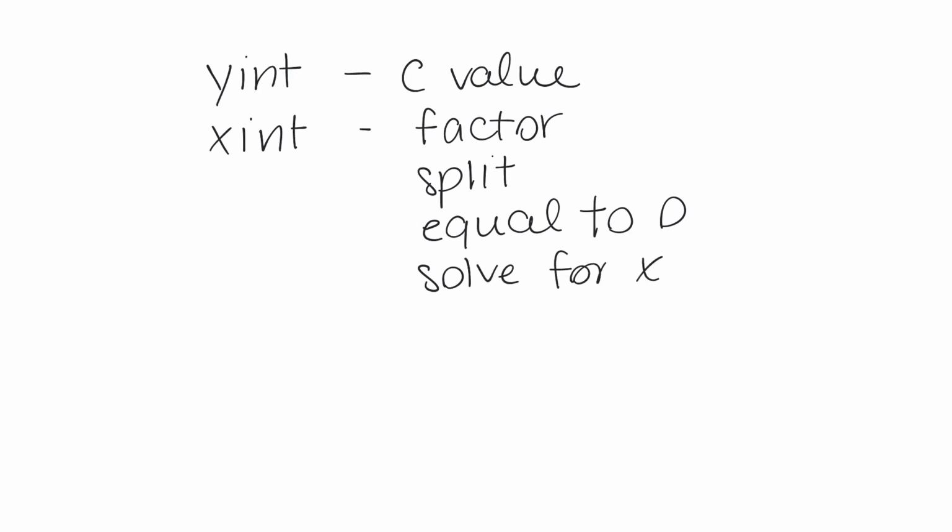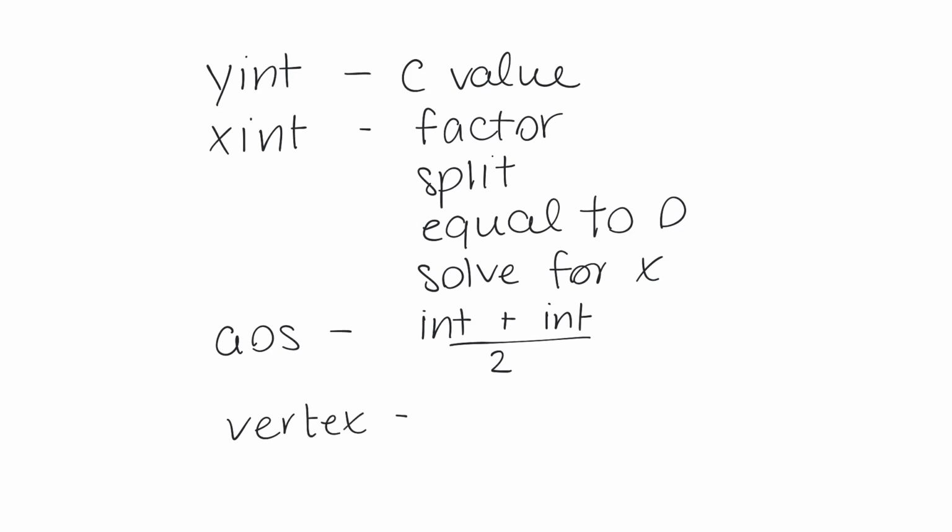After that, you find your axis of symmetry, which is your x-intercept plus your x-intercept, divided by 2. Then find your vertex: you're going to use your axis of symmetry to solve for y.